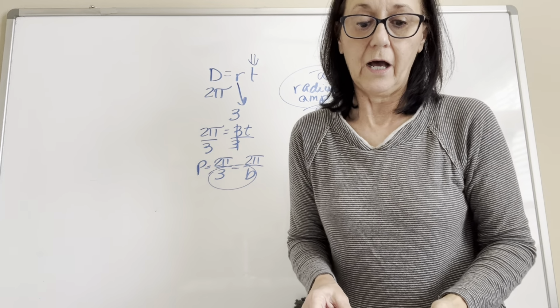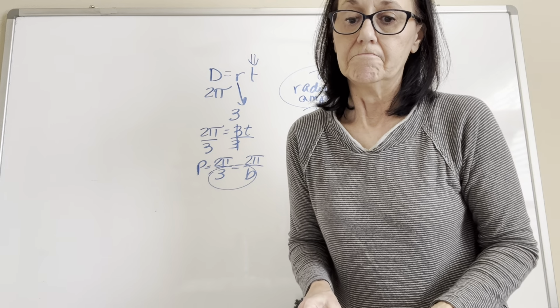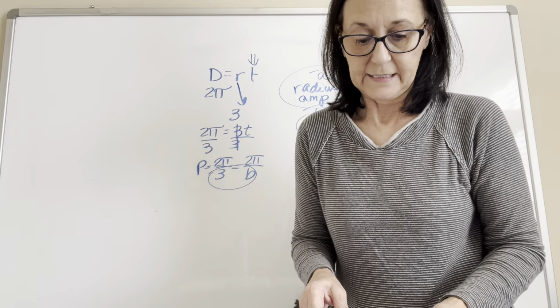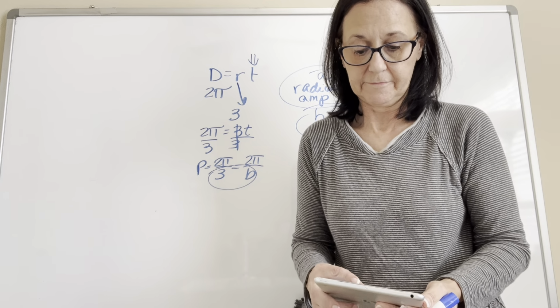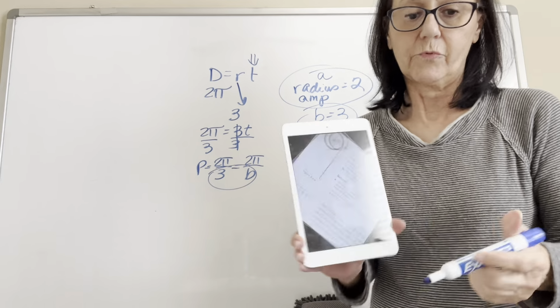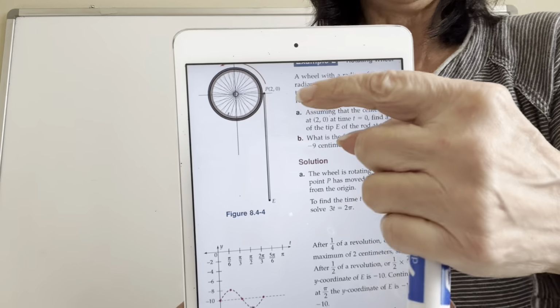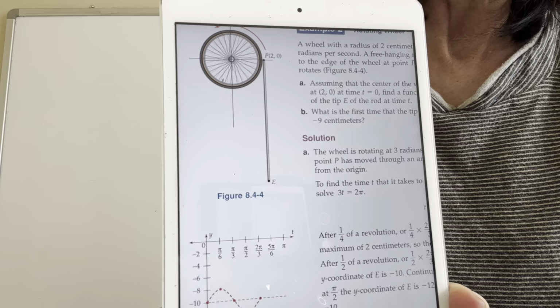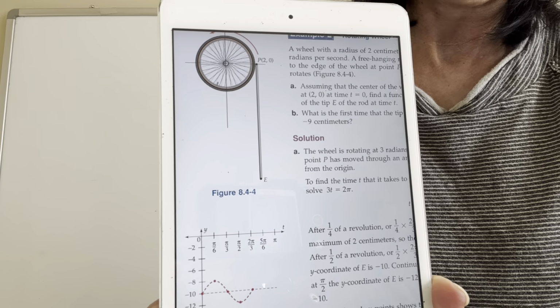And the only other transformation that has happened is this free hanging rod. It's 10 centimeters long. It's connected to the wheel and remains vertical.